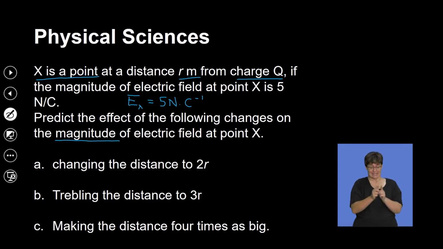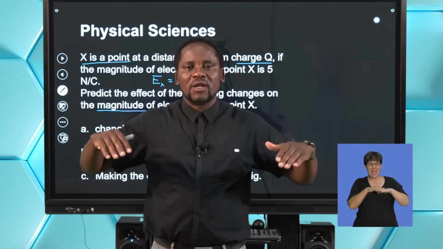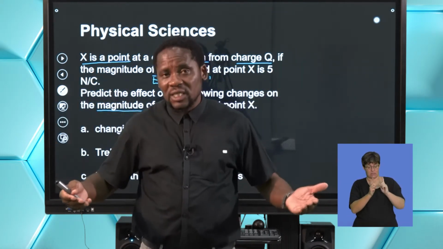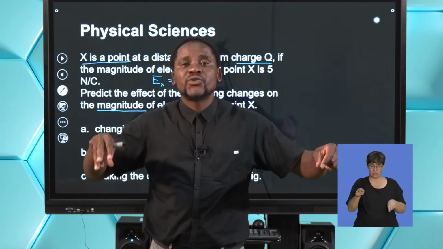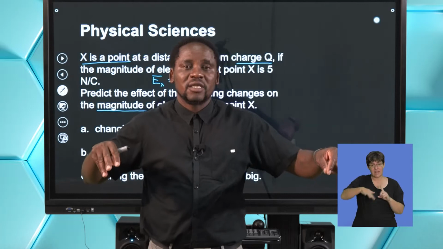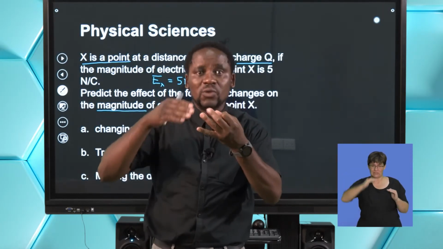We double the distance. I just want us to think, at a basic level, if we double the distance between point X and the charge, what's going to happen to the electric field at the new point, which is twice the distance? Is it going to increase, decrease, or remain the same?